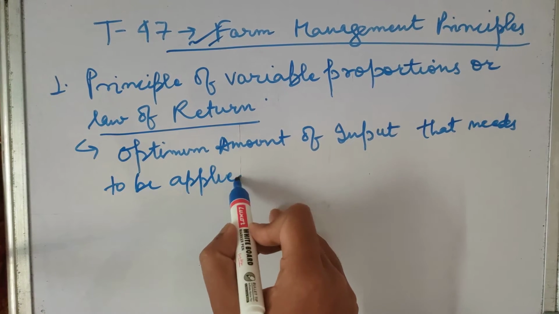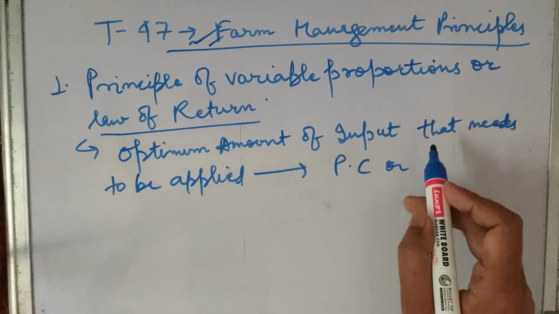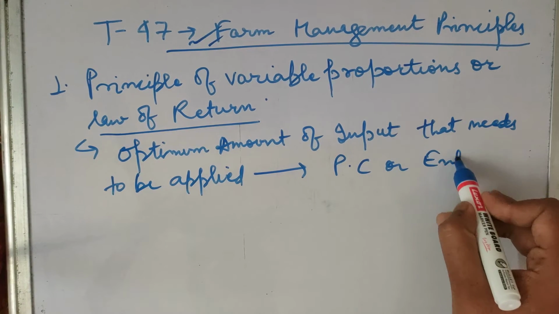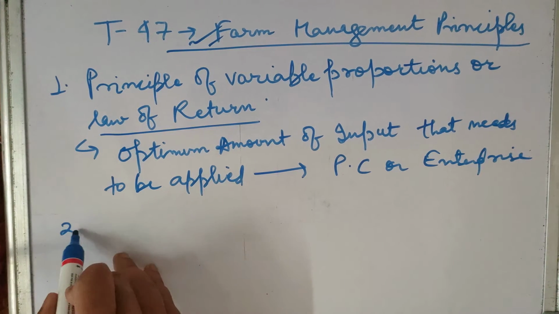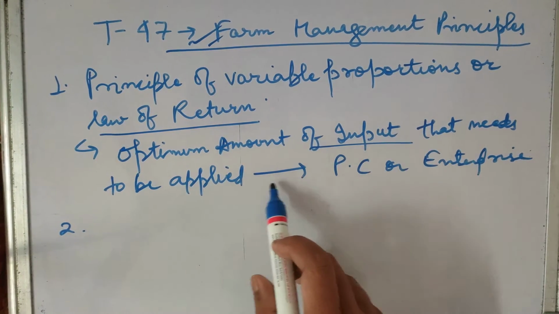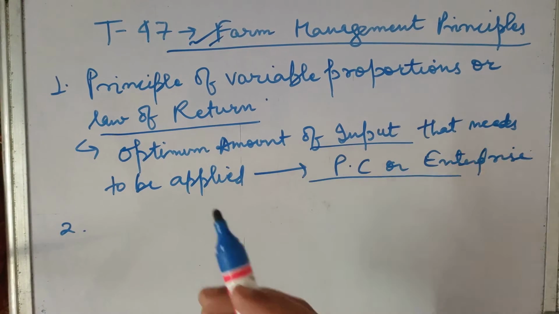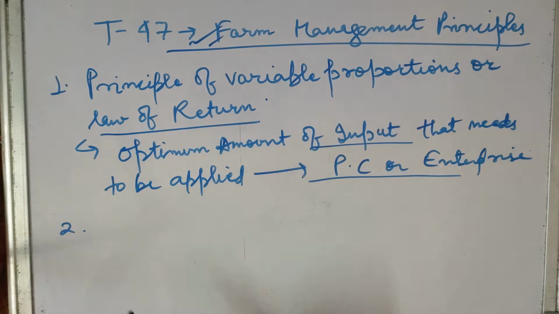What it says is that we give the optimum amount of input so that we get optimum production, hence equal or good returns. So this is about the principle of variable proportions.